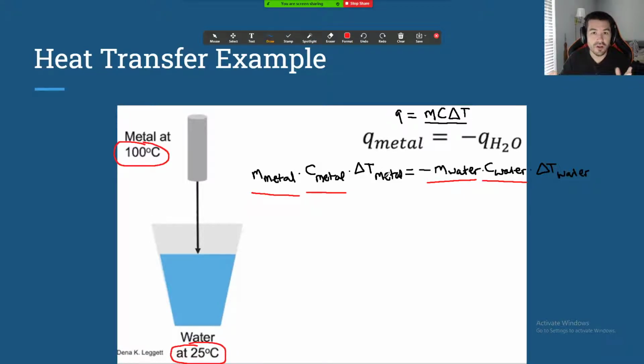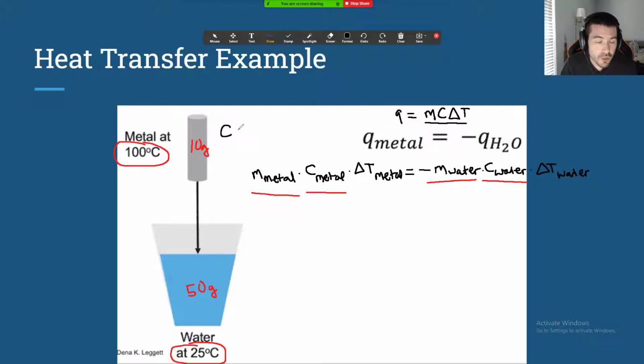Just for the sake of doing a full example, let me give you some values. Let's say this metal weighs 10 grams, and the water that we have here, I don't know, 50 grams. Now, let's say that we also have the heat capacities.